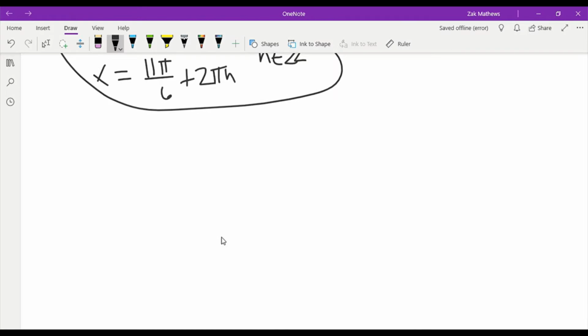Let's take a look at another one, but this time let me change the instructions a little bit. From here on out, I'm going to solve the equation on the interval 0 inclusive to 2 pi non-inclusive. So what that's going to do is limit my solution set.